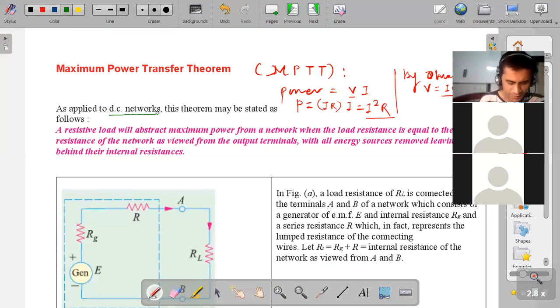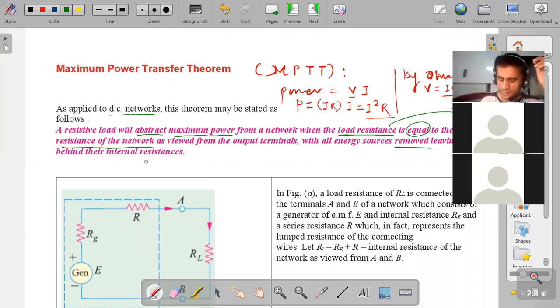See the statement: a resistive load will extract maximum power from a network when the load resistance, and here load resistance is denoted by RL, L for load, R for resistance, is equal to the resistance of the network with all the energy sources removed, leaving behind their internal resistance.